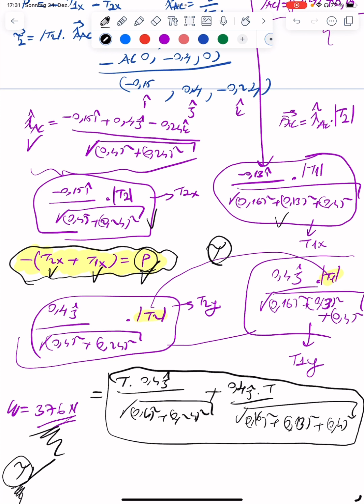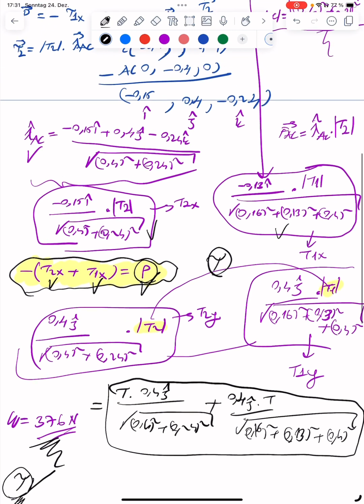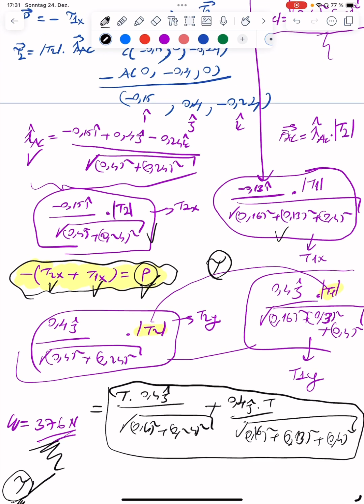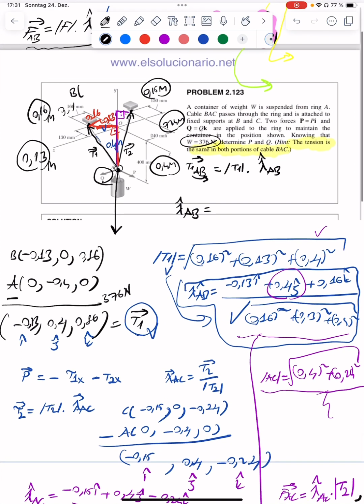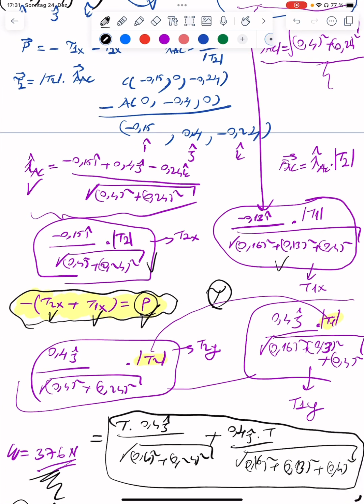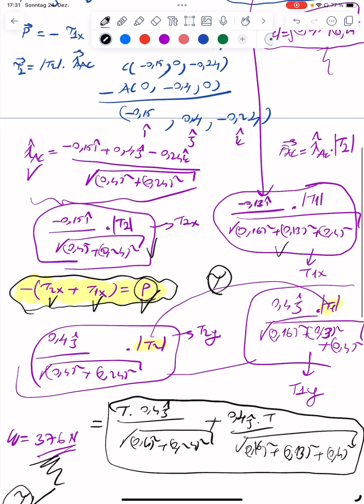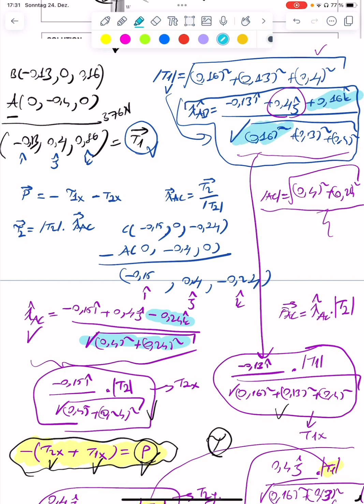On the other hand, after finding P, we can find Q by investigating the z-axis. In the z-axis we have the equations here, k hat divided by the distance.